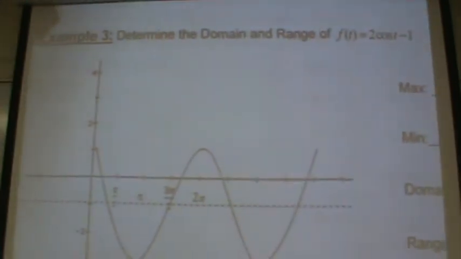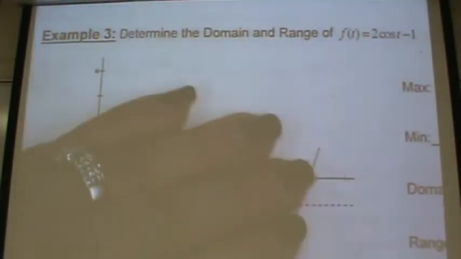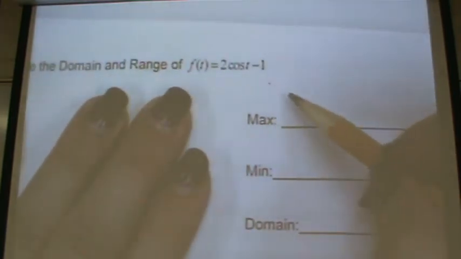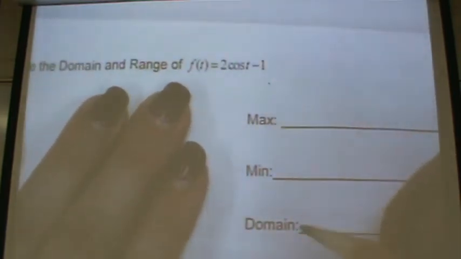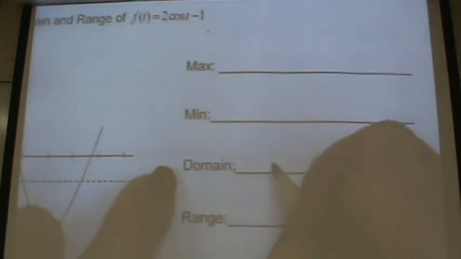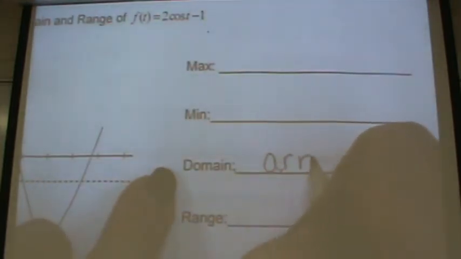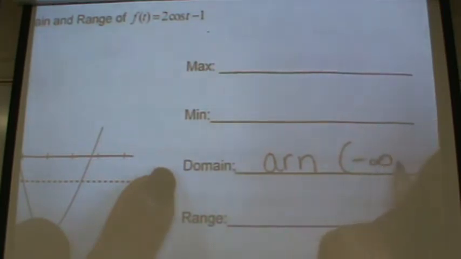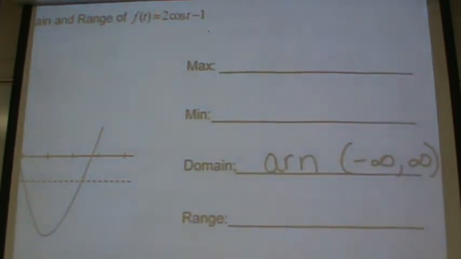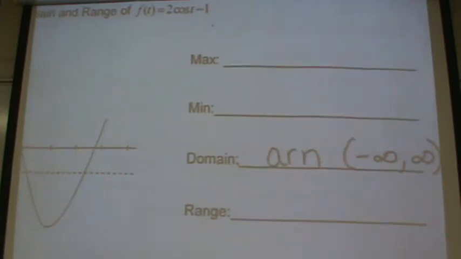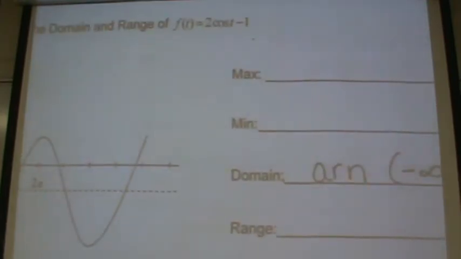You're going to have a question on your test, and it's not going to give you a graph, and it's going to ask you what's the max, the min, the domain, and the range. The domain is easy. It's what? All real numbers. So I don't care if you write it ARN or negative infinity to infinity, it means the same thing, okay? So the domain for the sine and cosine graphs is going to be all real numbers. The range is going to change.